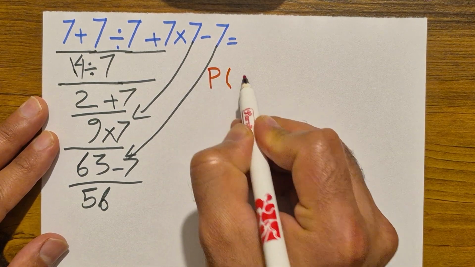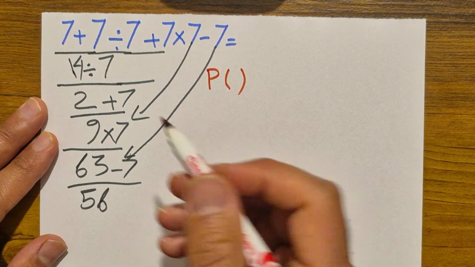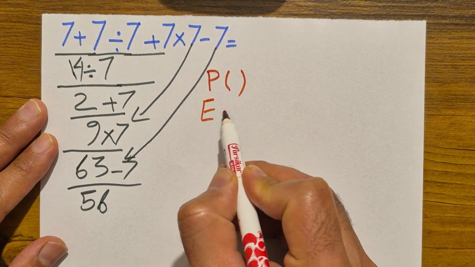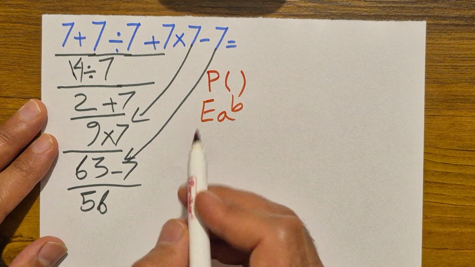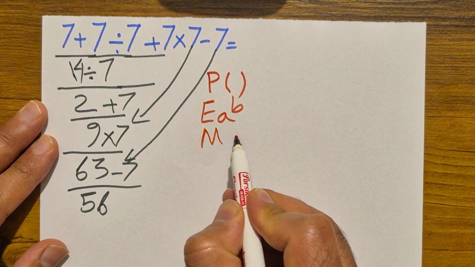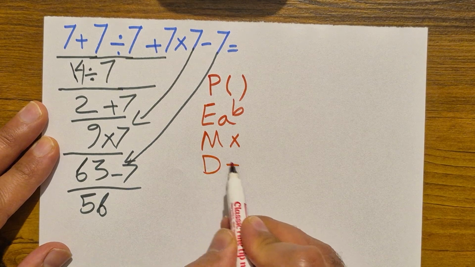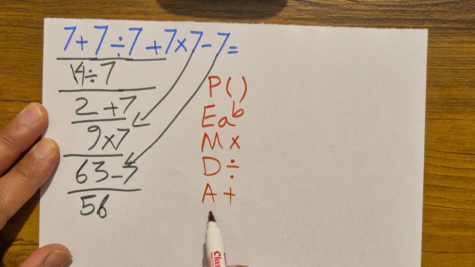P stands for parentheses or any grouping symbols, brackets, curly braces, etc. E stands for exponents, like a to the power b. M stands for multiplication. D stands for division. A stands for addition, PEMDAS.